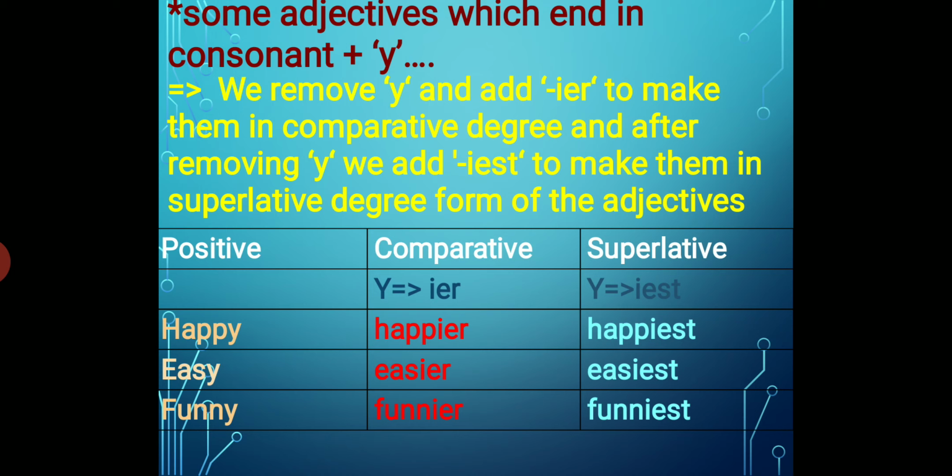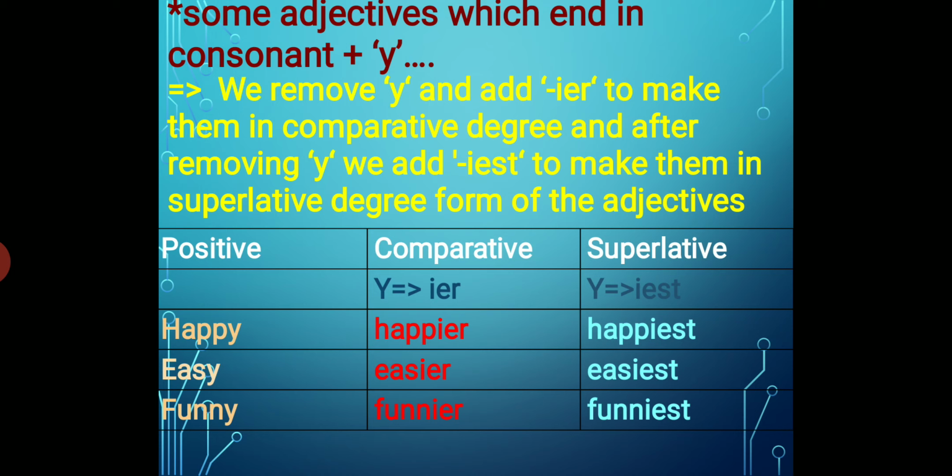So happy becomes happier, right? And if we want to make a superlative form of happy, then we remove Y again. We write HAPP same as the positive form and add IEST. So it will be happiest, right?